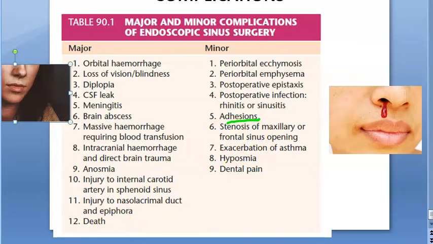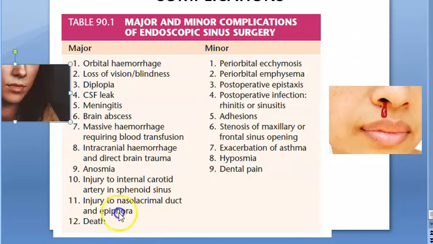Then focus, guys. Can you say stenosis? Stenosis of maxillary, frontal sinus. So there can be stenosis of these two sinuses, guys. Maxillary, frontal sinus, but that is a minor thing they are telling. Okay. Then continuing, you can have exacerbation of asthma and hyposmia.